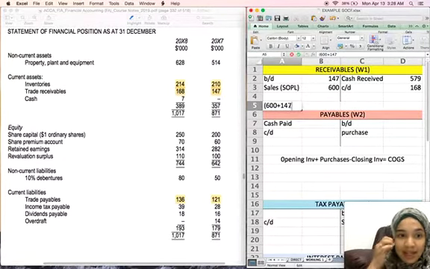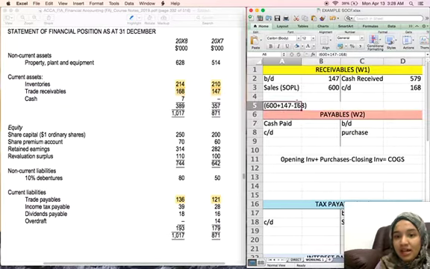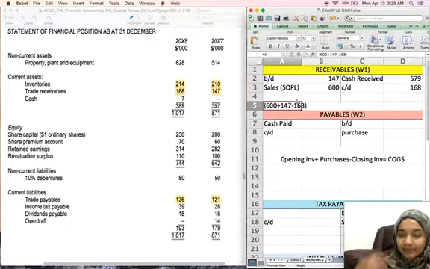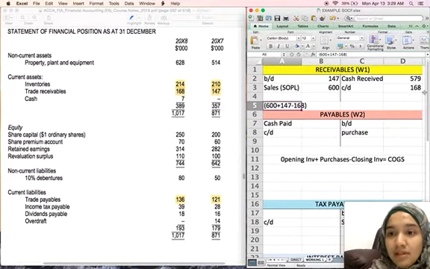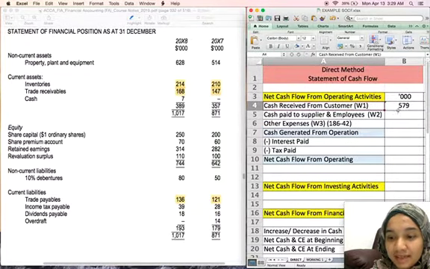But as you see the figure, at the end, you still have 168 unpaid. So you deduct 168, and you get exactly the same as the cash received, 579. You can do either way, but I encourage you to open a T account. So you get cash receipt 579, and you transfer to this figure.